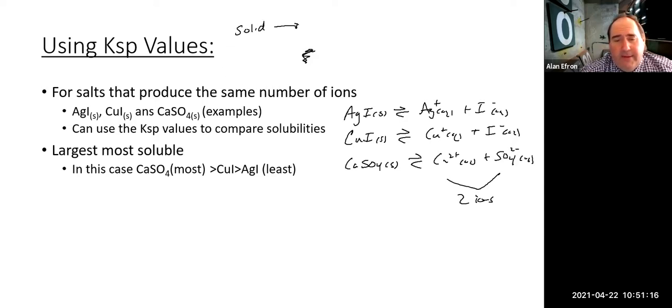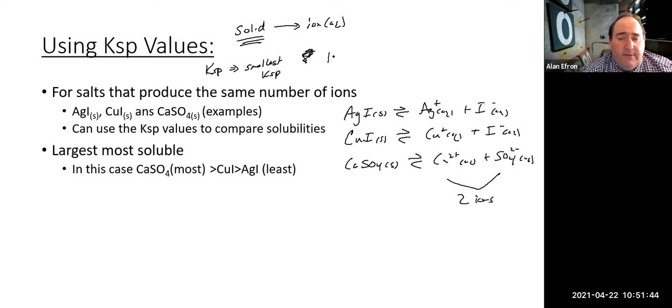So if you think about the setup here, as we talked about, of the reaction, solid on the left, aqueous ions on the right. If you compare the Ksp values, the one that has the smallest Ksp value, what would that mean? Out of that group, the one with the smallest Ksp value would be hanging out over here, which means it's going to be the most insoluble, right? It's going to be more solid than aqueous ions.